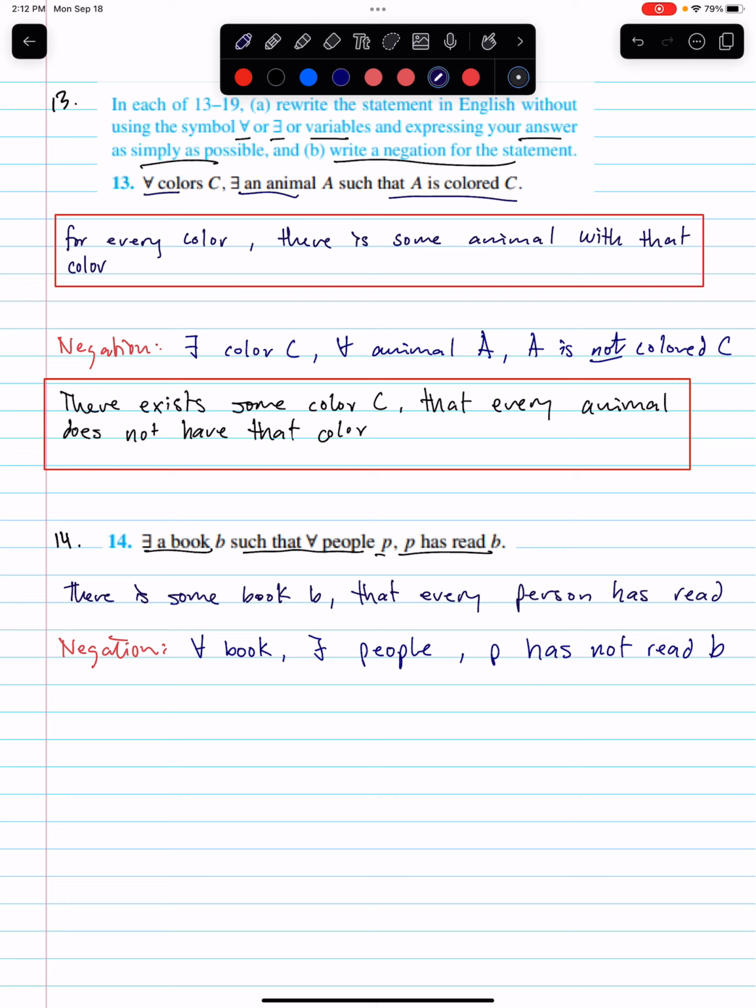But you could just say there's some book that every person has not read. One sec.